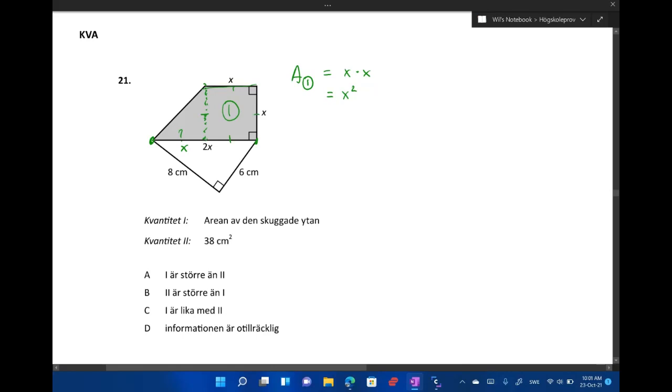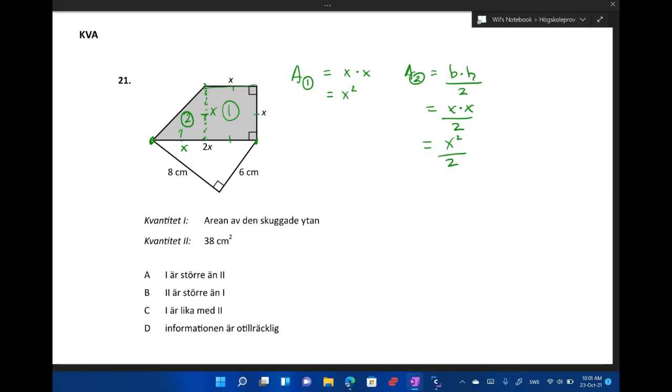So to find the area of number 2, it's a triangle. So it's the base times the height divided by 2. The base is x, the height is x, x times x divided by 2. So x squared over 2. So the area of the shaded region is going to be equal to this plus this.